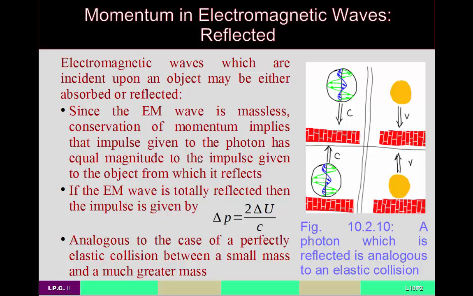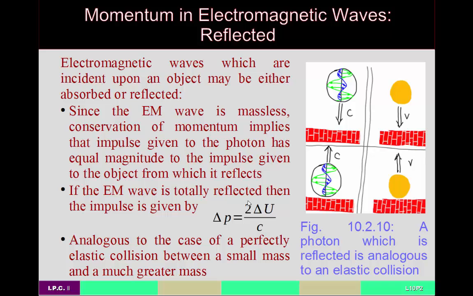In any case, what happens in the simple case where you have a stationary object and then the photon hits it and then is reflected, is that you're going to have to conserve momentum. So if you had initially p in this direction, you're going to deflect with p in the opposite direction, and you have to give 2p to the object that you are reflecting from.